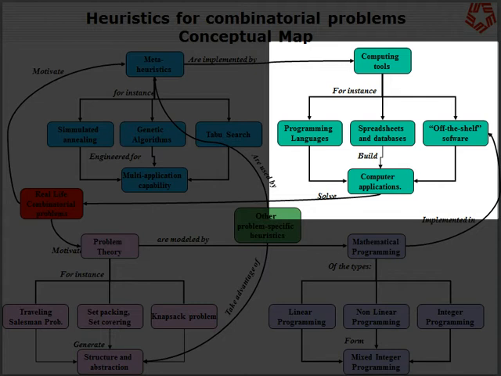So we would like to have access to those spreadsheets and databases, and we have off-the-shelf software where mathematical programming is already implemented, ready to be used. In most cases, nobody would actually write their own linear programming solver. It's easier just to pass the parameters to a solver and let the solver do that part of the job for us.